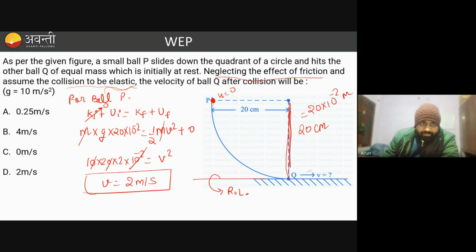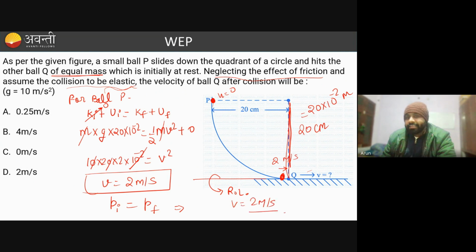Okay. So these balls are of equal masses. So initial momentum is equal to the final momentum. Got it? Initially, this ball is moving with a velocity. Now I am taking it here. Initially, this ball is moving with 2 meter per second, m into 2 meter per second.